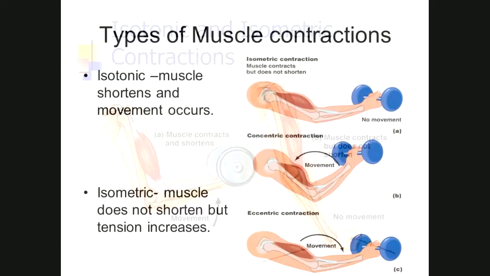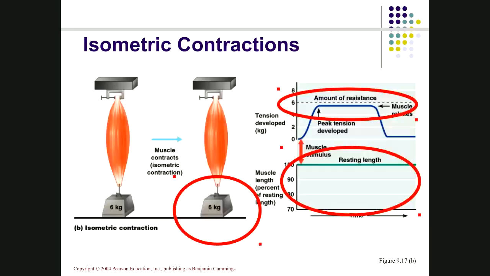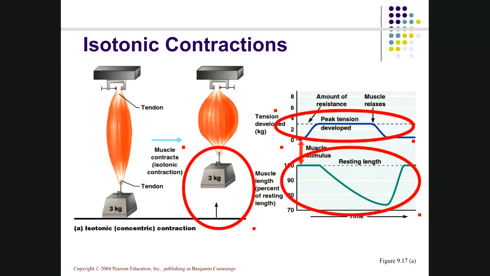But if we go back and look at this again, remember this was 6 kilograms. This muscle can't produce 6 kilograms, but it can produce that much. We said it was 5.5. So what's going to happen if I take this weight off and I put a different weight on there? Look, I'm going to put a 3 kilogram weight on here. Well, 3 kilograms is less than 5.5. And so that means that this muscle can produce up to 5.5.